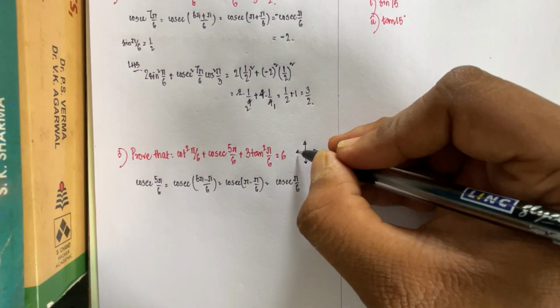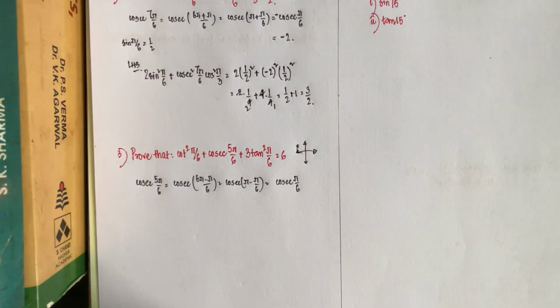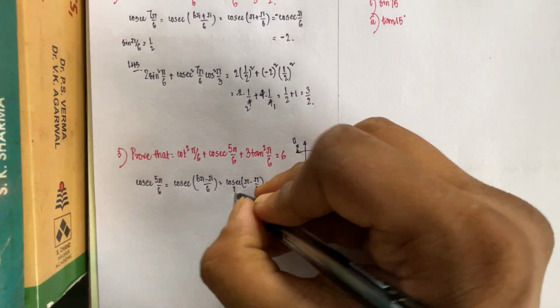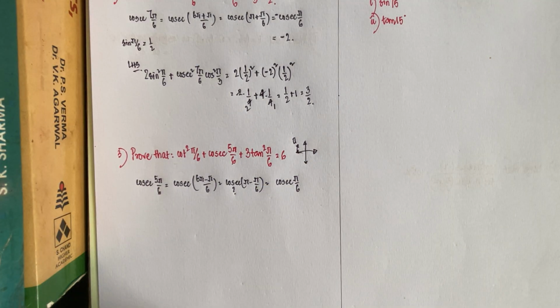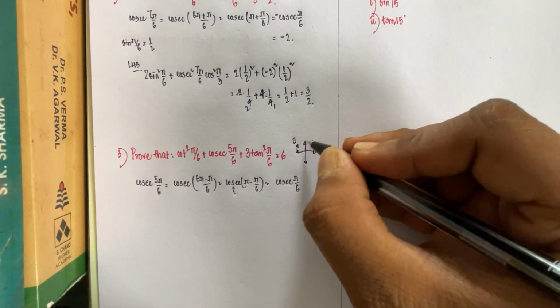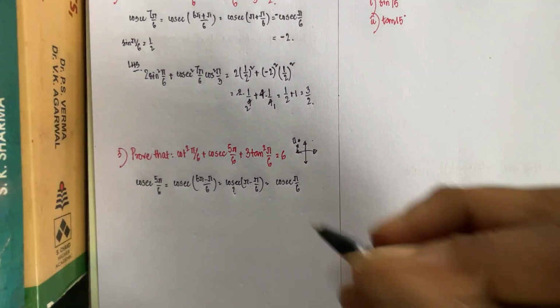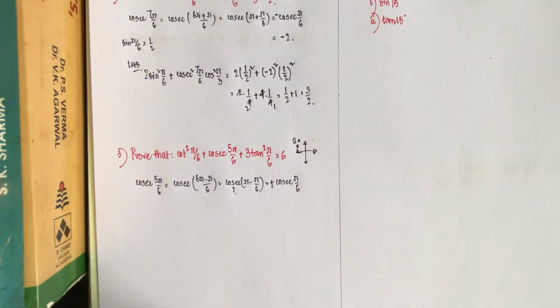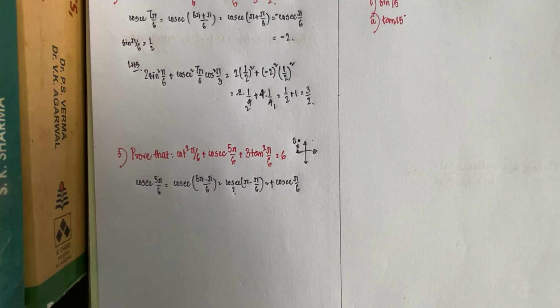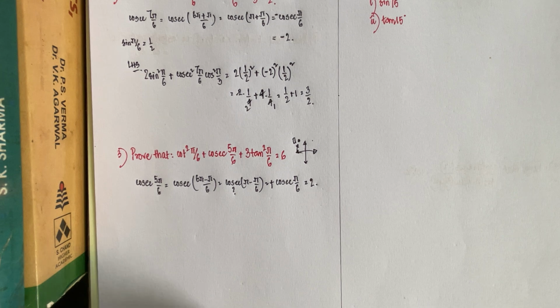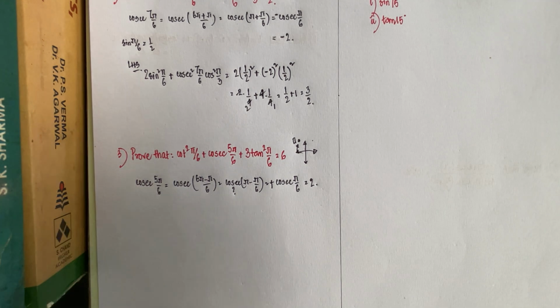Now we have to check that pi minus pi by 6 will be somewhere in the second quadrant, and we already know that in the second quadrant the sign of cosec is positive, because in the second quadrant sine and cosec are positive. So it will be plus cosec pi by 6, right? And plus cosec pi by 6 is only 2. Sine pi by 6 is half, so cosec pi by 6 will be 2.